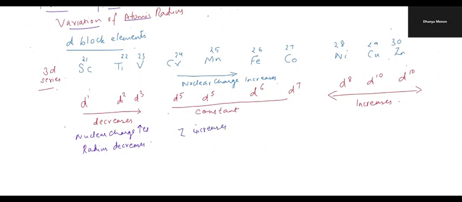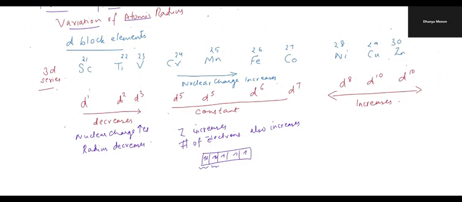But at the same time, the number of electrons also increases. For example, if I say 1, 2, 3, 4, 5, next it starts to pair up, right? When it starts to pair up, there will be a slight repulsion between all the electrons also.